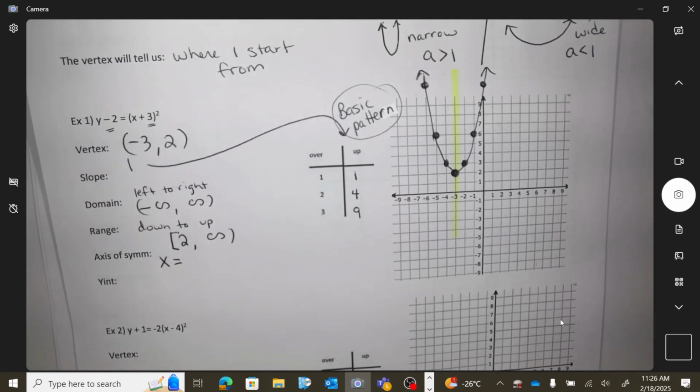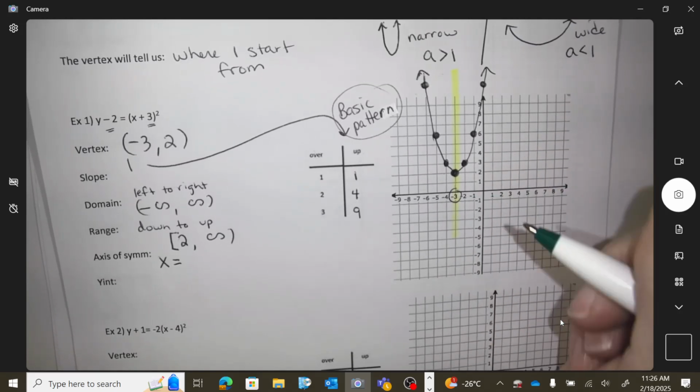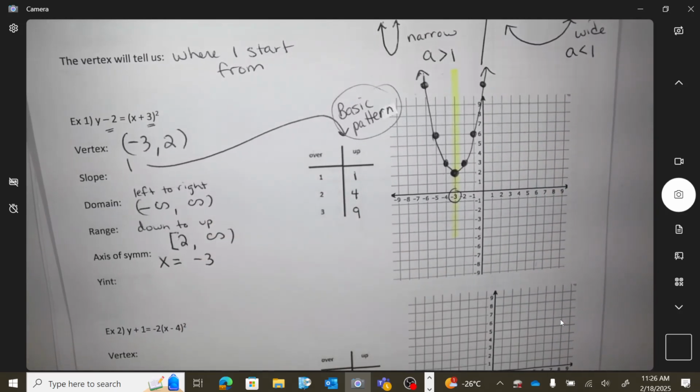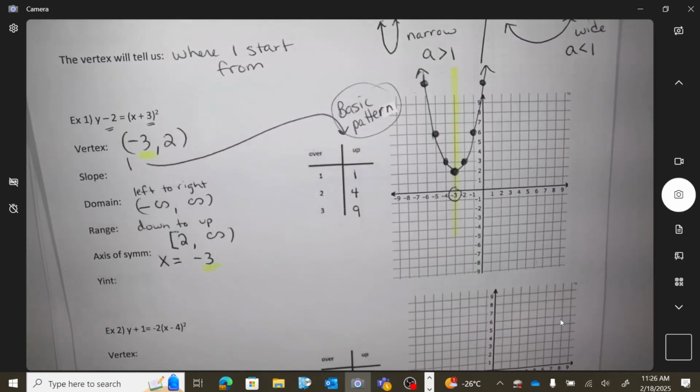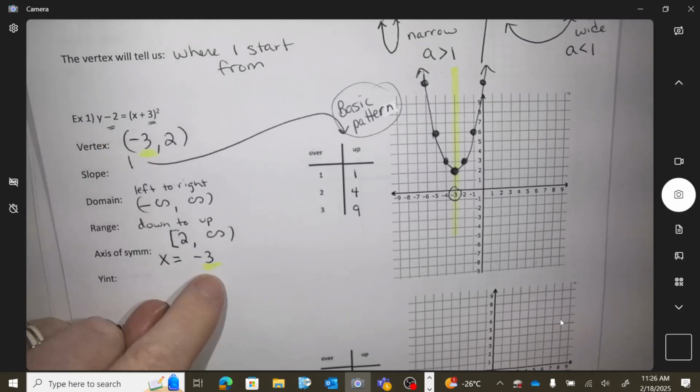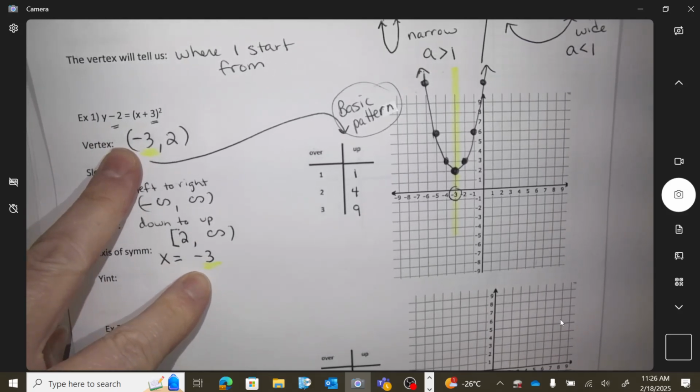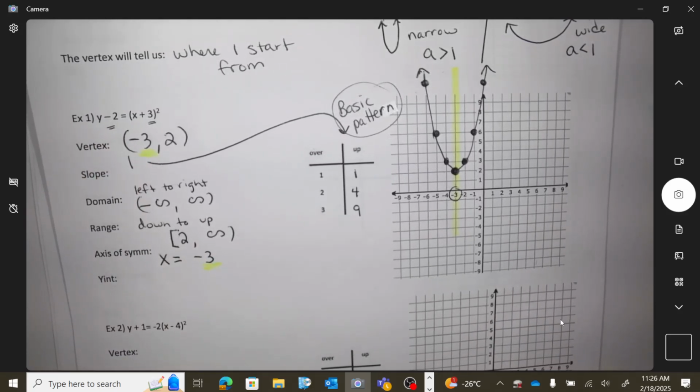Y equals is just a flat line, but just X is vertical. And which X value are you going to cut right through? You're going to cut through -3. Okay, so where do you think that's going to always be? That's always going to be your vertex X value, right?